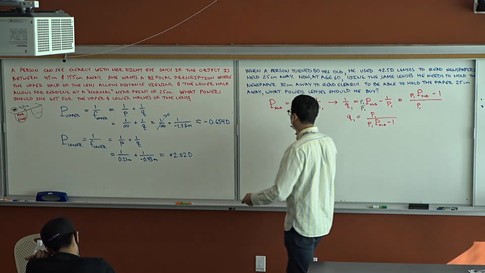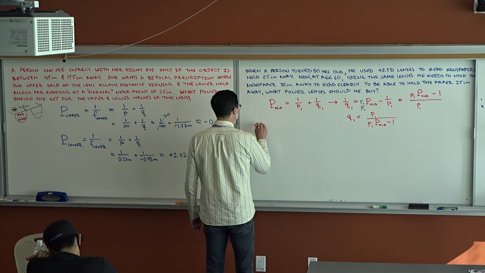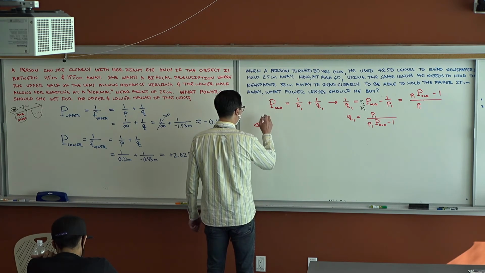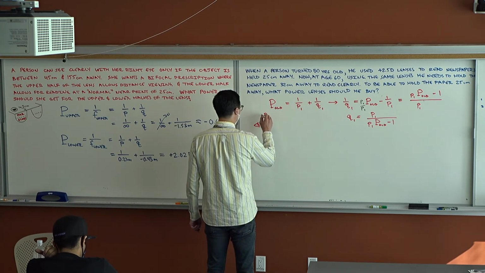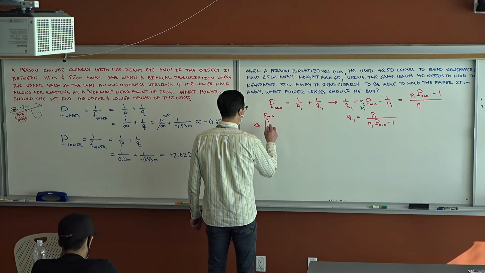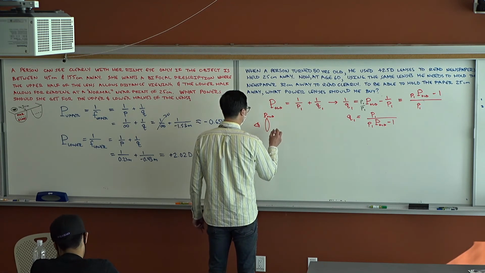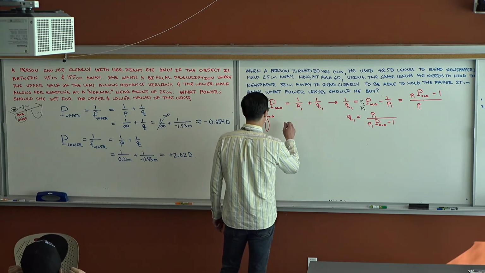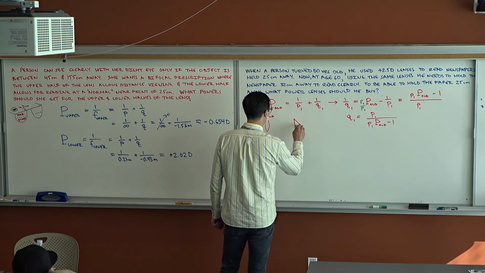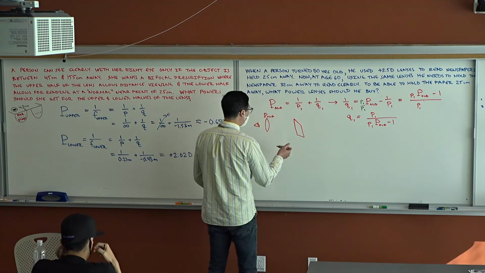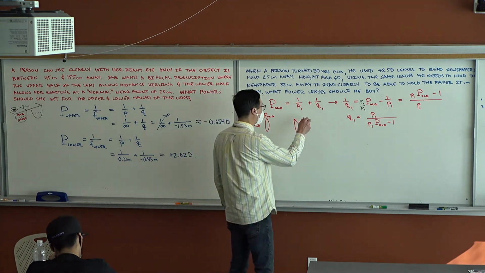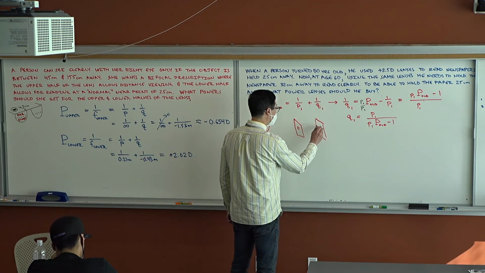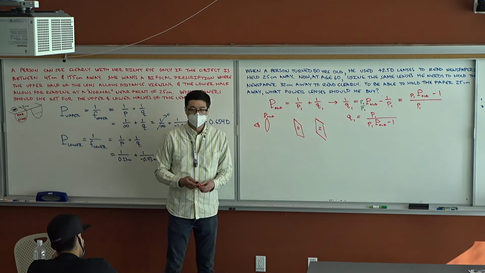So if I badly draw this, if it's still 32 centimeters, there's the real thing, but we're going to cast it out to here. Object, image.